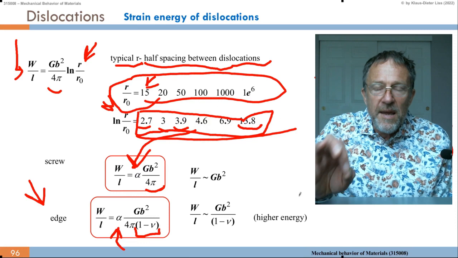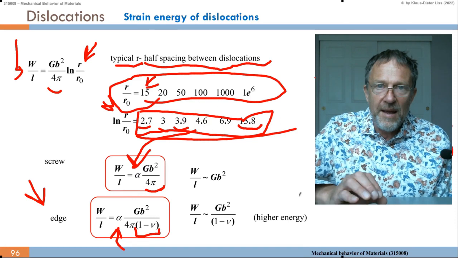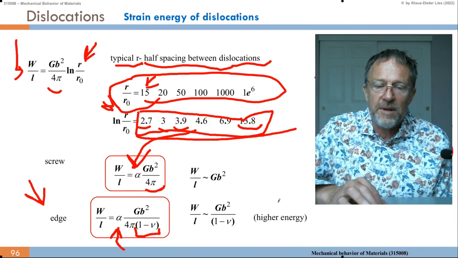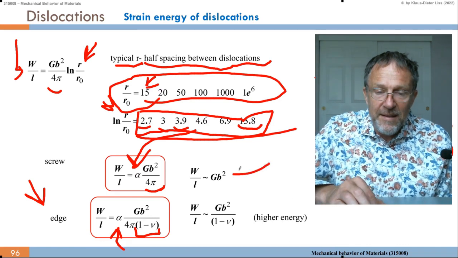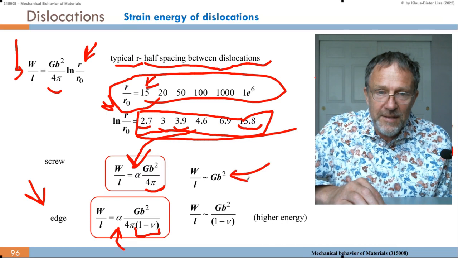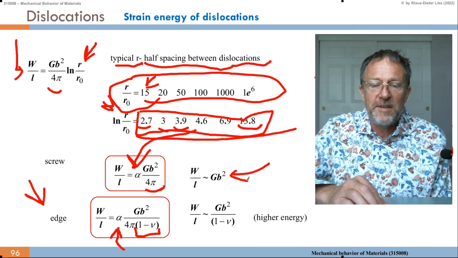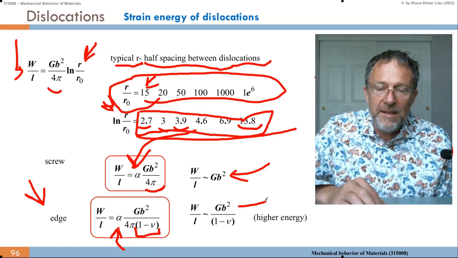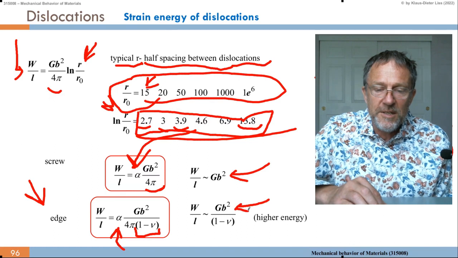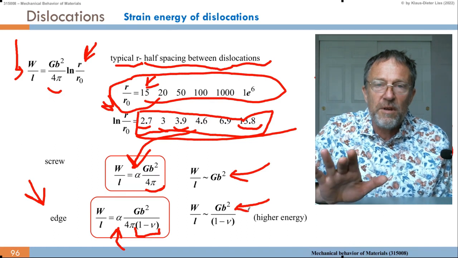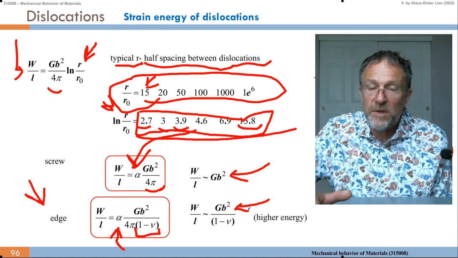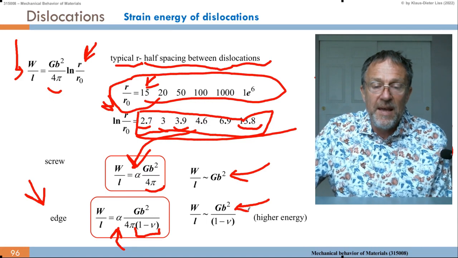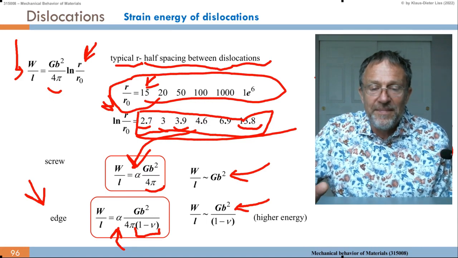Very important takeaway for you, and keep that in mind. This is important for qualitative reasoning later on. This W over R, so these strain energies of dislocations, they depend on the Burgers vector squared. So the magnitude of the Burgers vector squared depends on G, of course, but G is constant in the material. B depends.